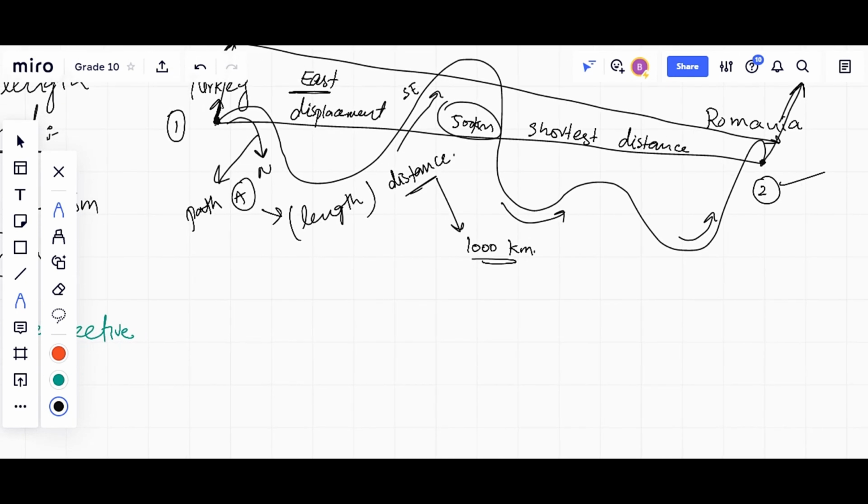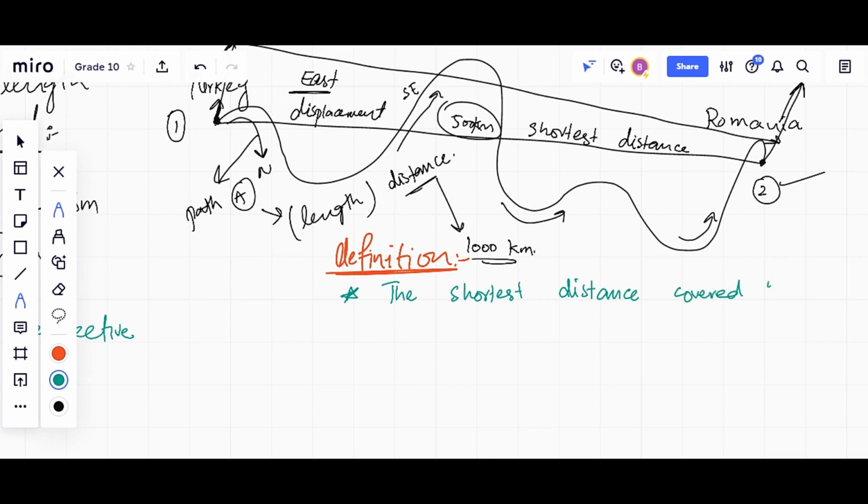Now coming to the points of displacement. First, the definition: displacement is the shortest distance covered between 2 points.